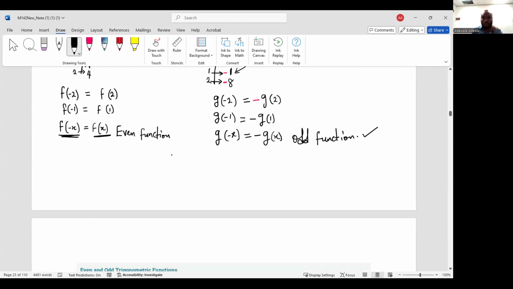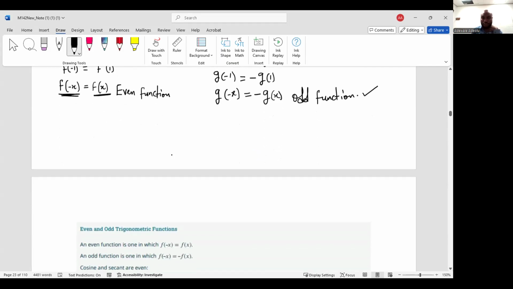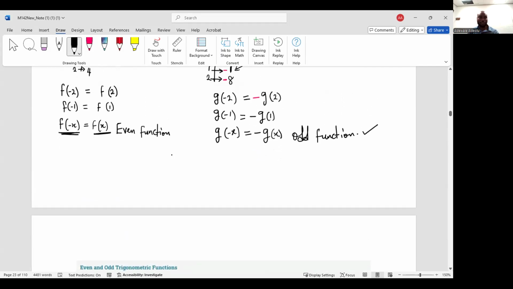Okay, how does that help us to solve problems involving trigonometry? Let us look at cosine of, let's say, pi over 6 and cosine of negative pi over 6.